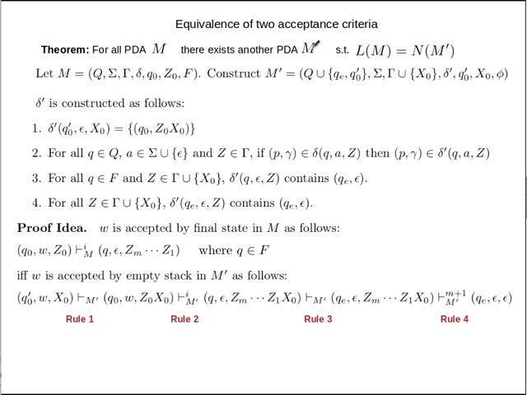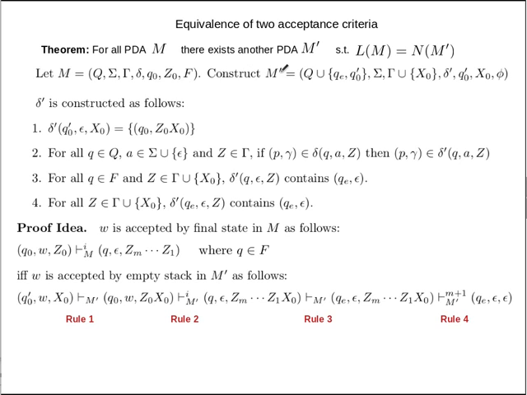So we will construct another PDA M prime such that this language is accepted by M prime via empty stack. So this N of M prime is the language accepted by M prime via empty stack. So initially this M is given, so we will construct this M prime so that this happens. M is defined as in the formal definition of PDA we discussed earlier.